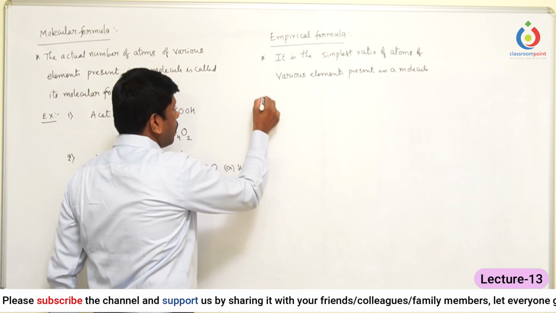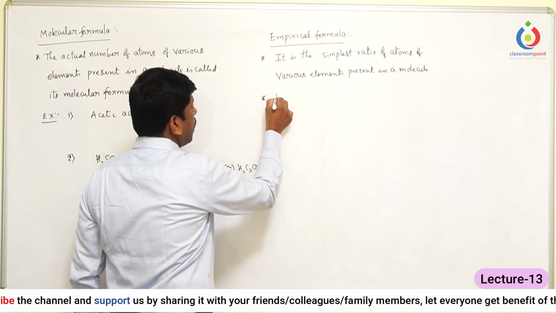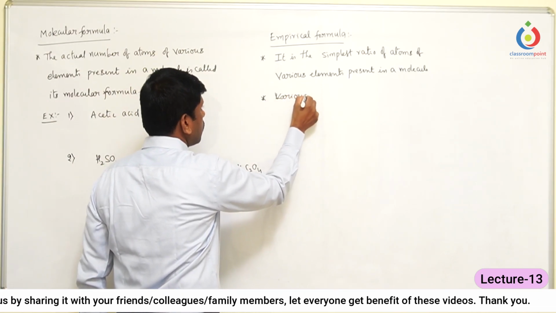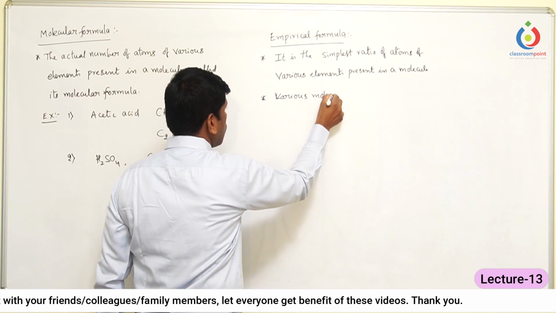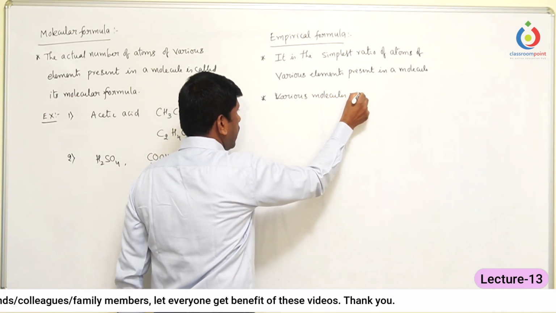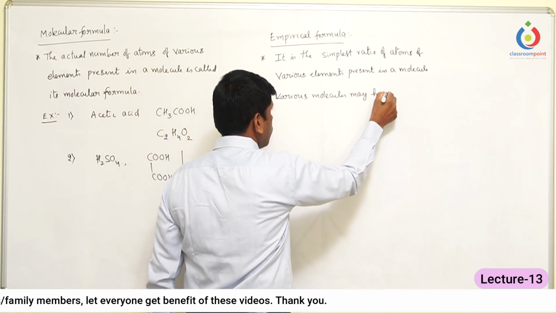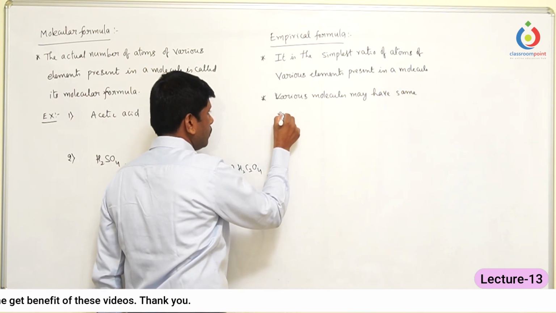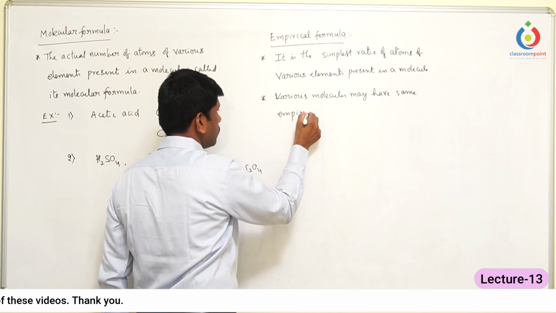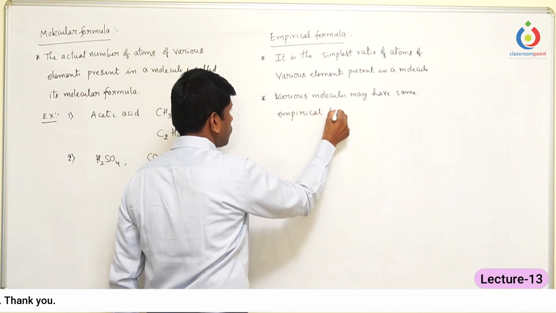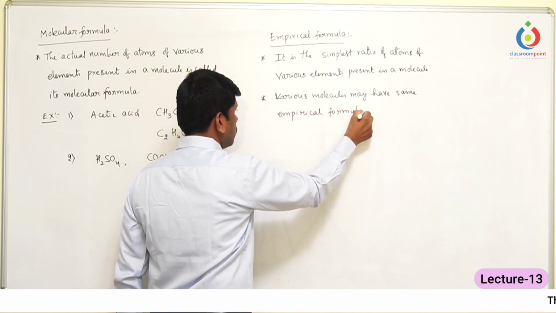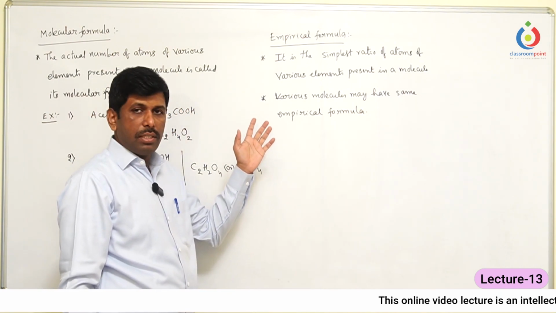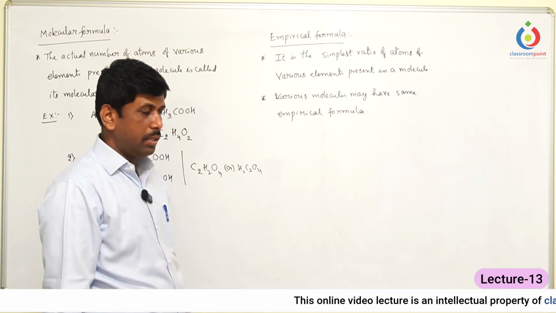And here one more line: various molecules may have the same empirical formula. So by seeing the empirical formula, we cannot exactly say what type of molecule it is.